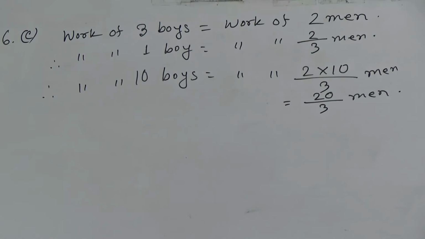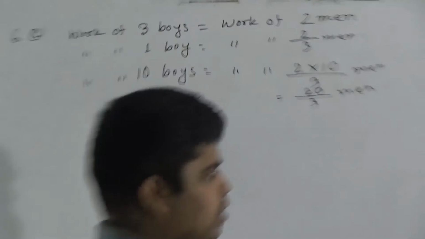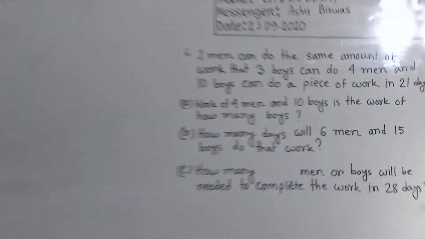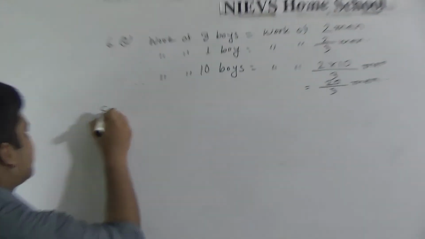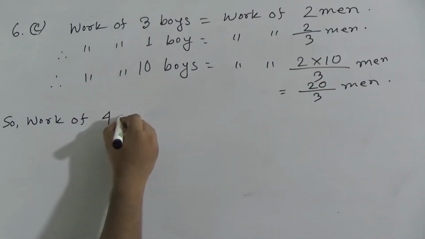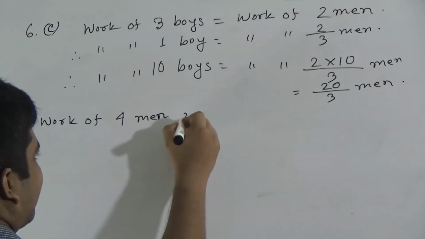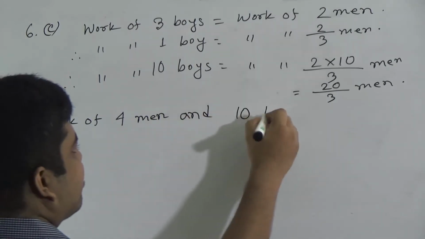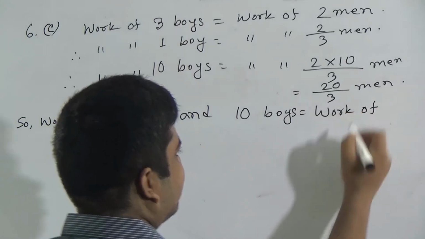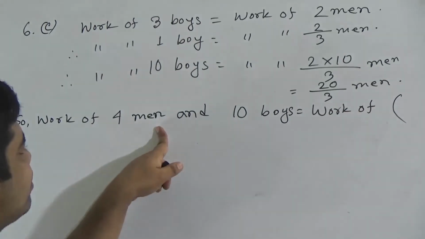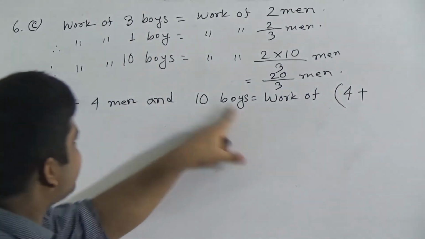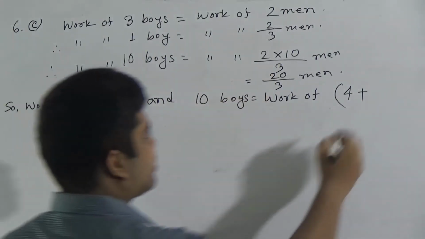Next, dear students, here work of 4 men and 10 boys. Now we write, so work of 4 men and 10 boys equal to work of 4 men, that means 4 is here, and 10 boys means 20 by 3.